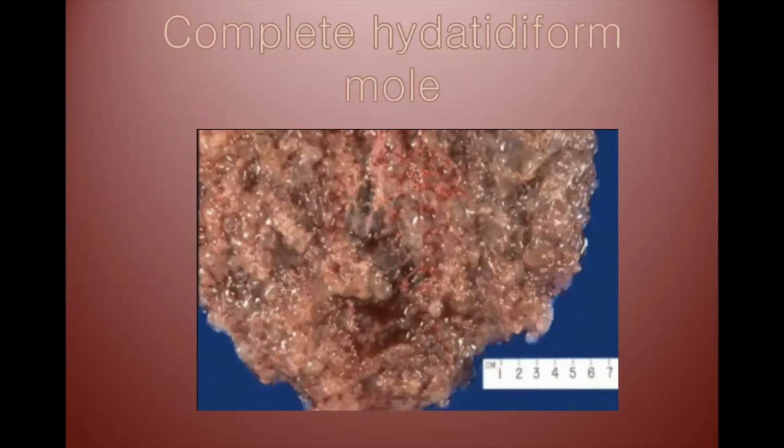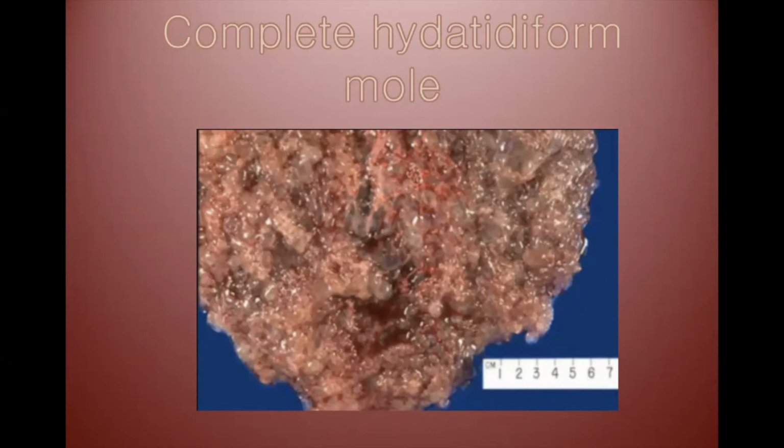Histopathologically, the villous hydrops of a complete mole is characterized by extensive cavitation. The trophoblastic proliferation has circumferential distribution, hyperplasia, and cytological atypia. And intermediate trophoblasts of the molar implantation site display marked cytologic atypia.